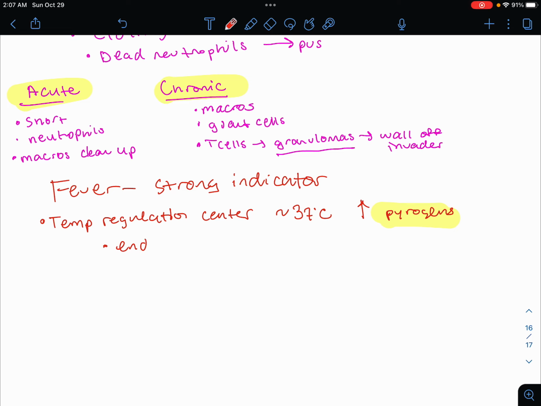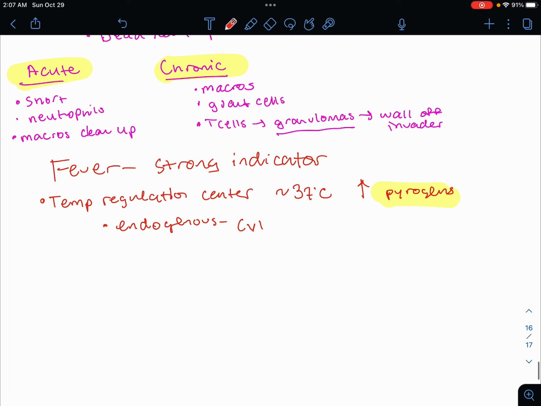Pyrogens come in two categories. We have endogenous. Those are cytokines that are made by macrophages after they detect the microbial products.